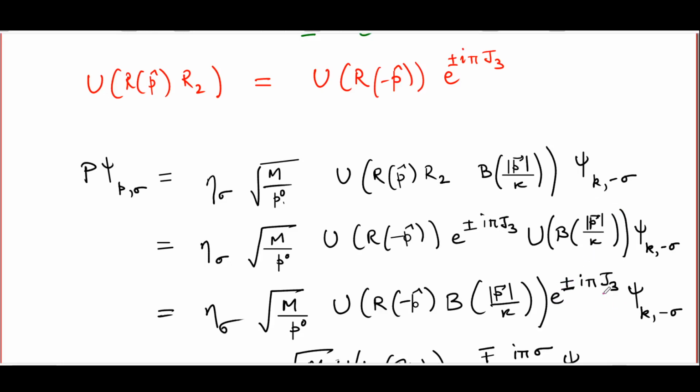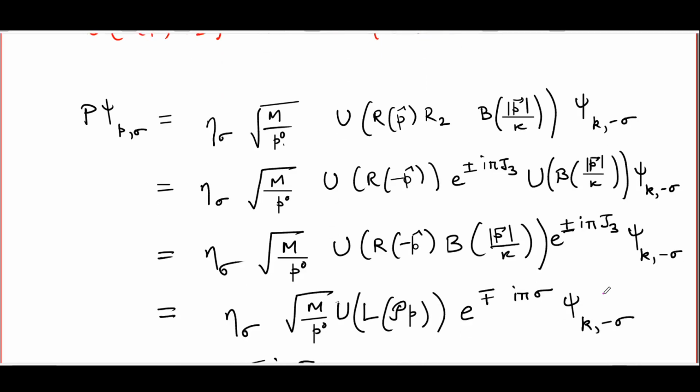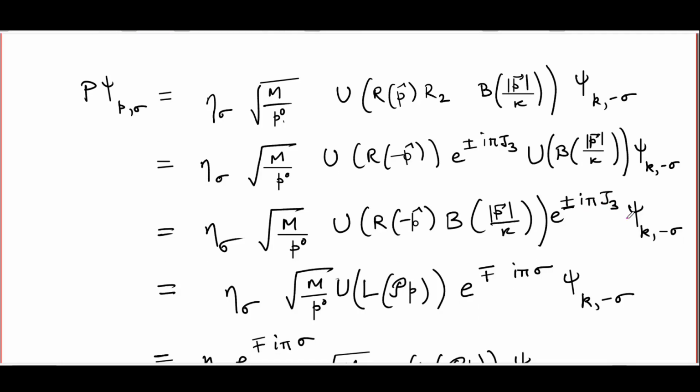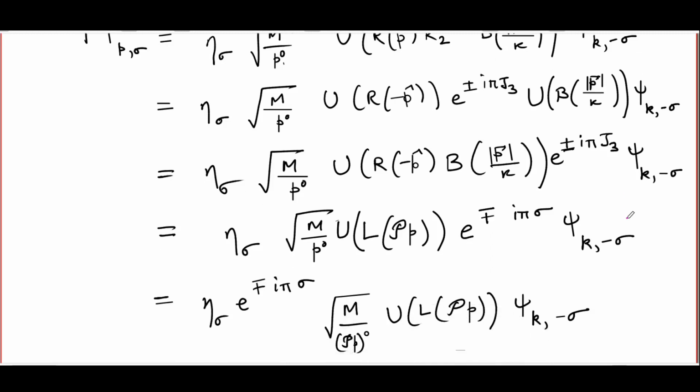And now, since ψ(k,-σ) is an eigenstate of J3 with eigenvalue -σ, this simply gives rise to an extra factor of e^(∓iπσ). And therefore, the overall result simply becomes η_σ e^(∓iπσ), this factor coming right out, into root over m by p0, but you can also write p0 as curly p0.